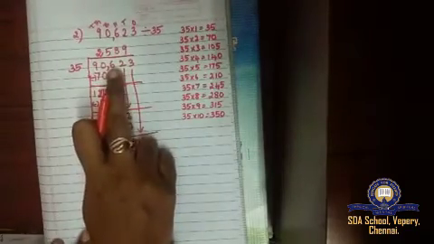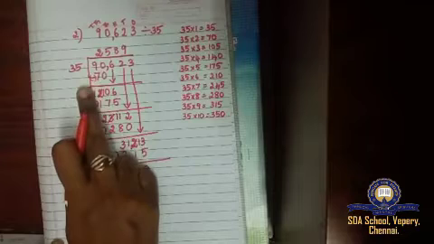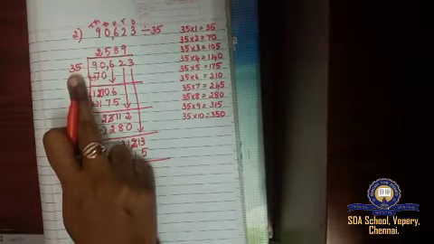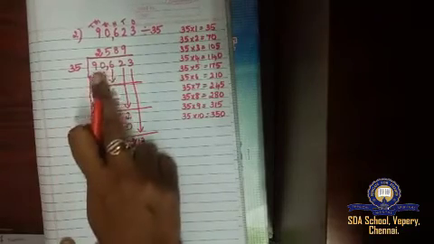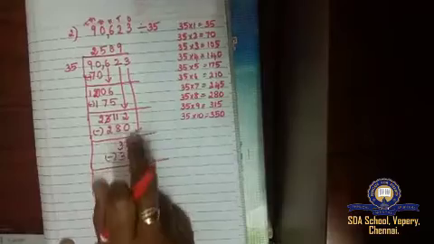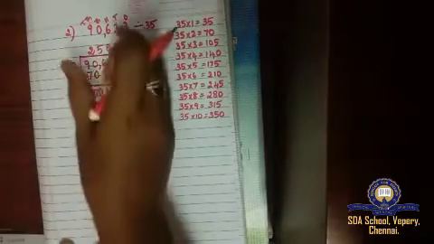Now we can subtract it. From 3 we cannot minus 5, so borrow. This will become 1. This will become 13. 13 minus 5 is 8. So 1 minus 1 is 0. 3 minus 3 is 0. So I think you all understood.